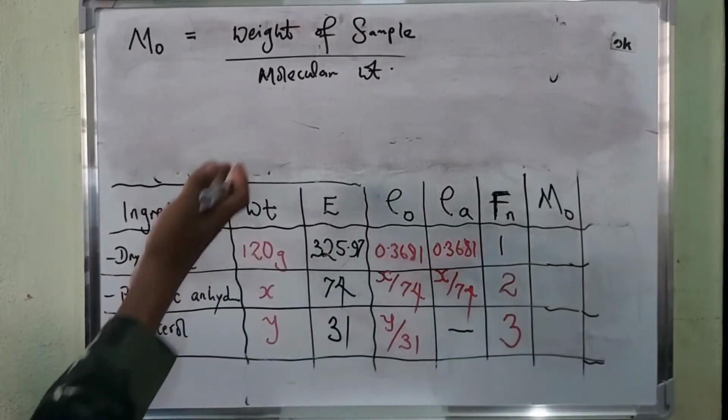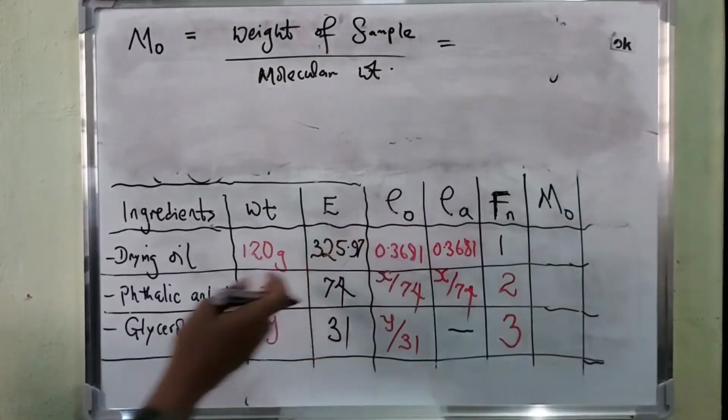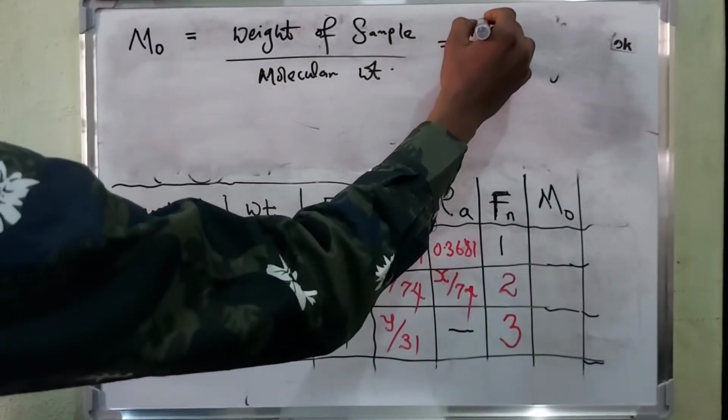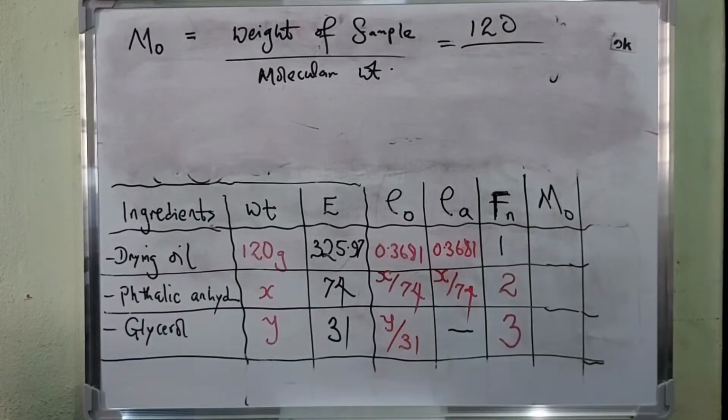For the drying oil, we have weight of sample to be 120 divided by molecular weight, which we'll find using the previous formula.